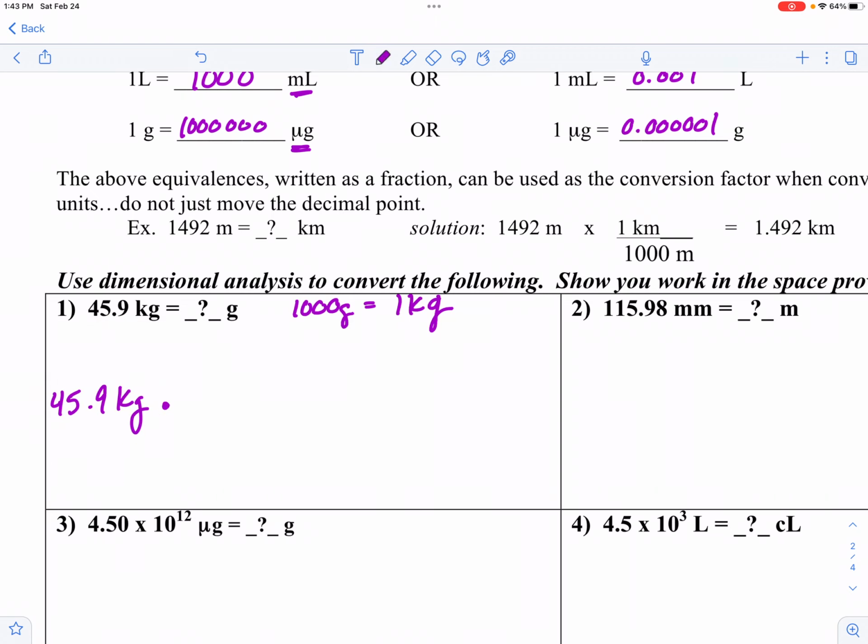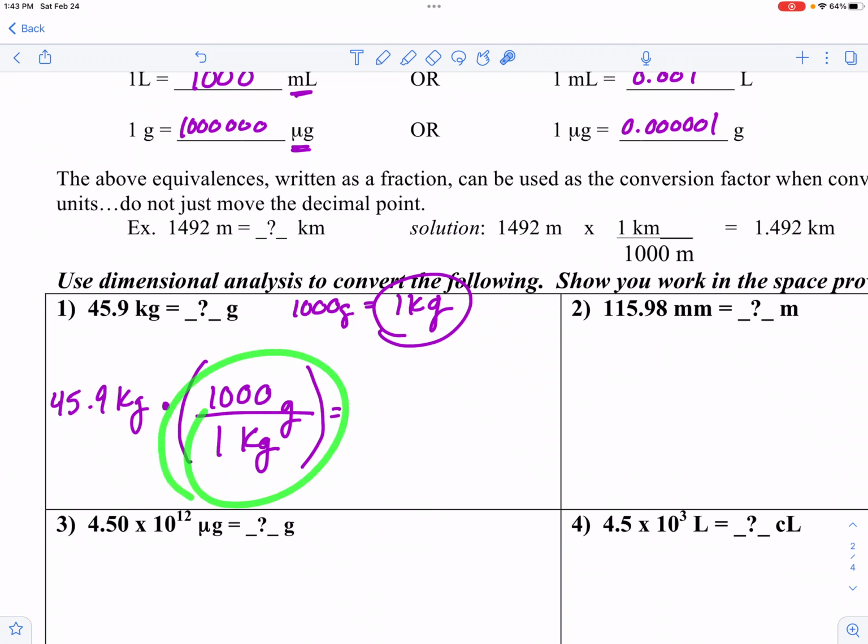So then I'm going to say, okay, times my conversion factor, and I want to get out of kilograms, so kilograms needs to go on the bottom. So that kilograms over kilograms cancels. If I do that, that means my 1 kilogram goes on the bottom, and 1 kilogram is equivalent to 1,000 grams. So 1,000 grams goes on top.